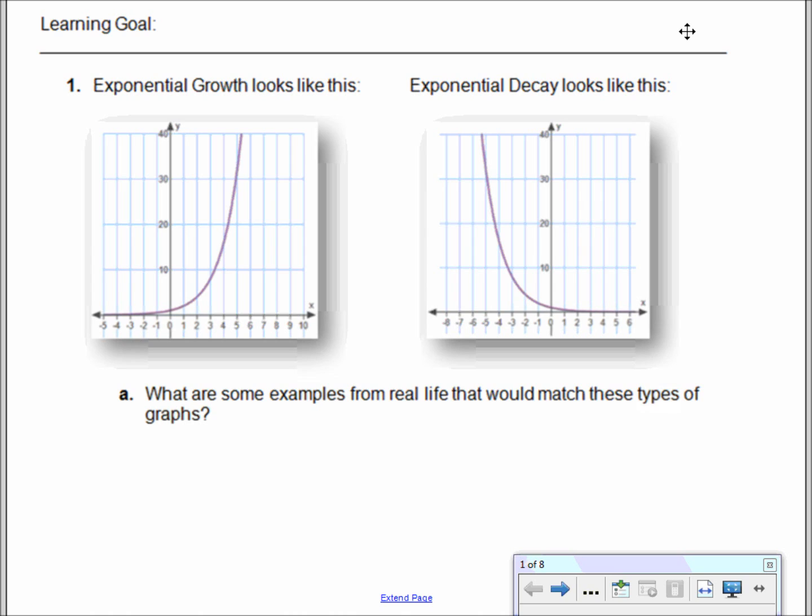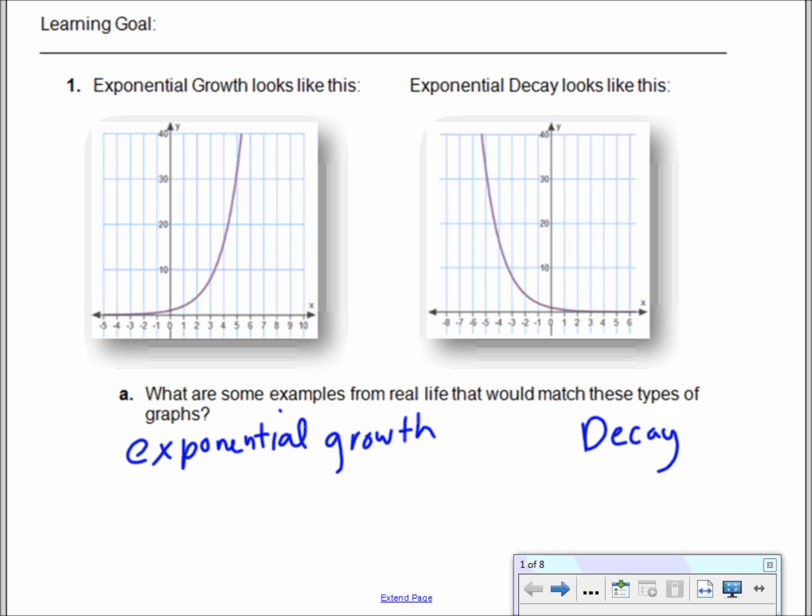What are some examples of real life that would match these types of graphs? Population growth for the left. Population, yeah. So I'm going to do exponential growth, and then we'll do decay over here.